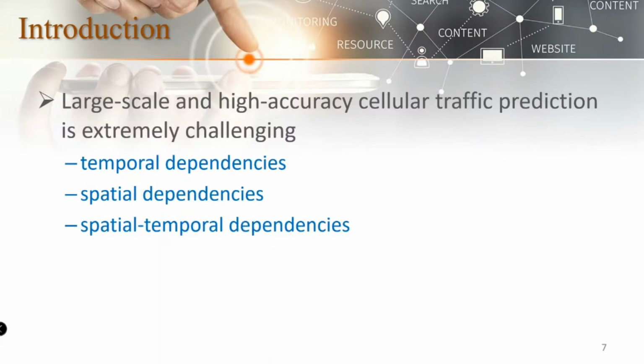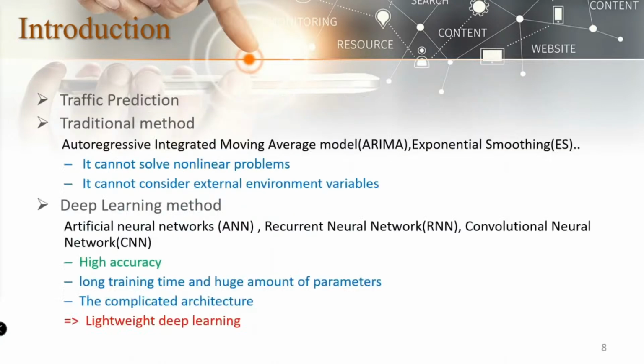For spatial temporal dependencies, there are many factors, including population, building, holidays, and various social activities. These influential factors further complicate spatial temporal dependencies and influence cellular traffic. To exactly predict cellular traffic, deep learning is a promising technology.